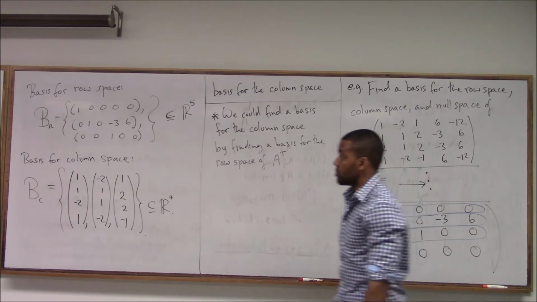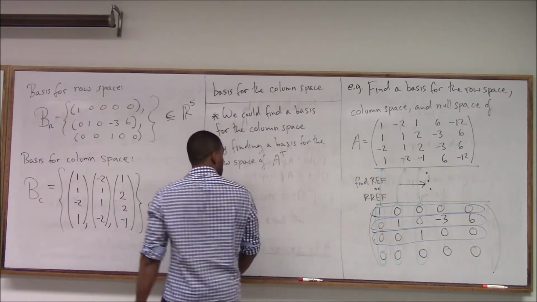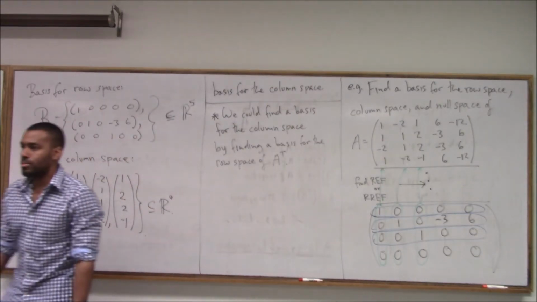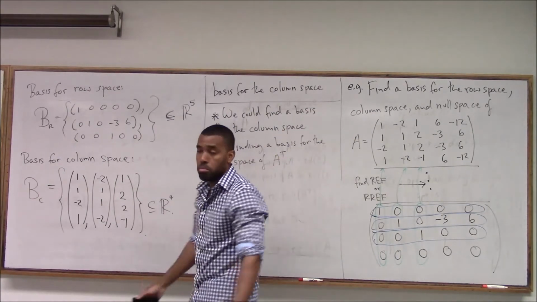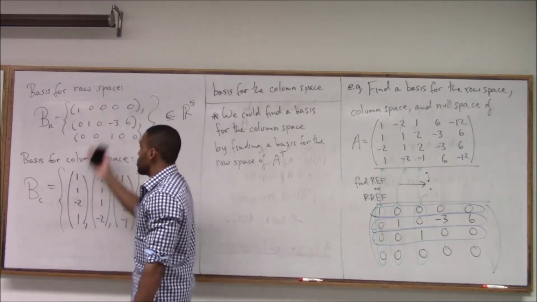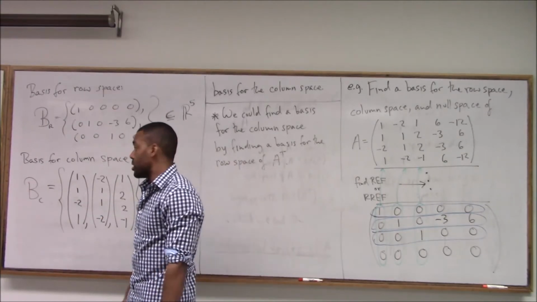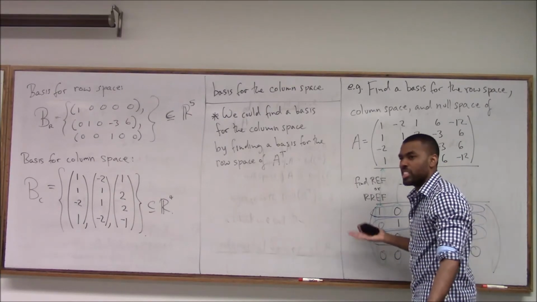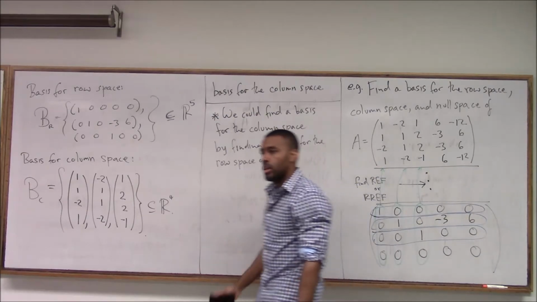Why don't we correspond the row space to the original? You could, but it would be unnecessary. The relationship between these and those is going to be the same. But this is more of a reduced form. There are more zeros, they're nicer to deal with. We'd love to be able to do that with the columns, but the row operations kind of mess it up. So we're forced to go back to an uglier representation of these vectors.